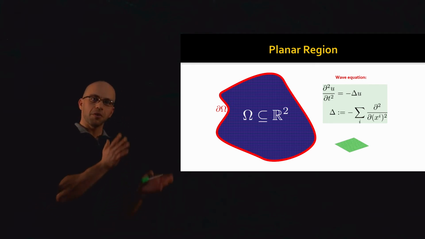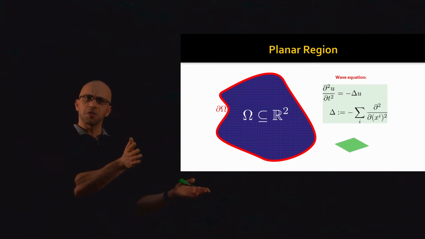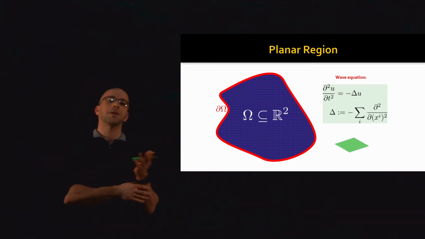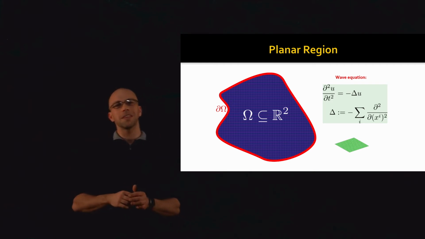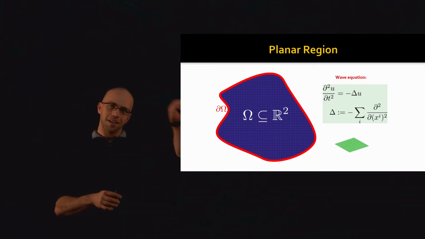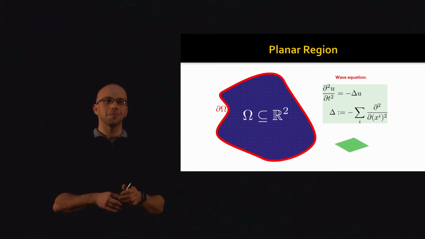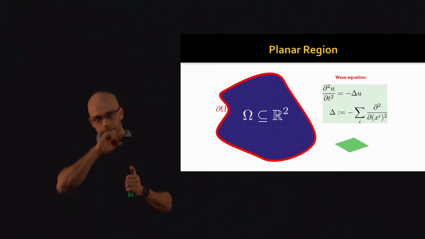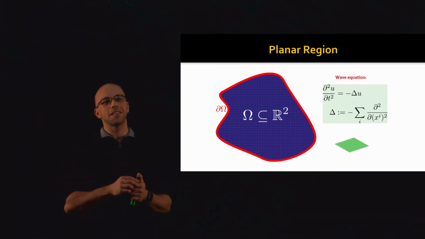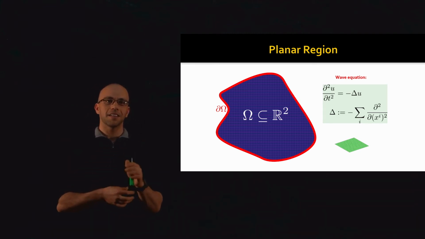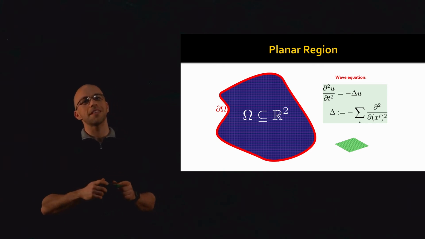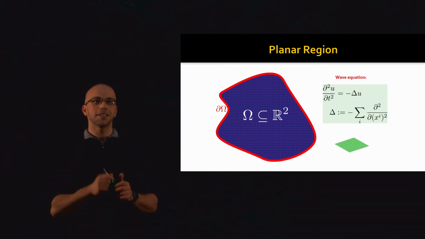So here we're given a region. I'm going to do R2 just because I can draw it on the board, but you can think of the 2 as an n, really nothing changes. And we're going to assume that the boundary of our region is some connected, smooth object. Then the wave equation is the partial differential equation that I've written at the top of the slide here, which is that the second derivative of u in time.